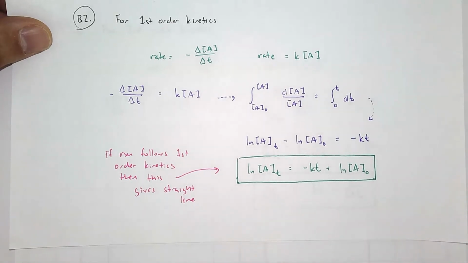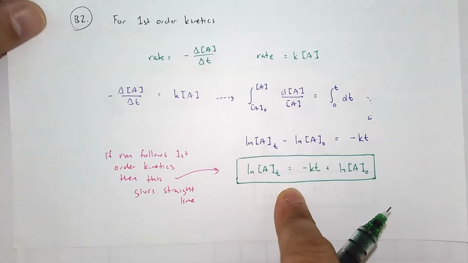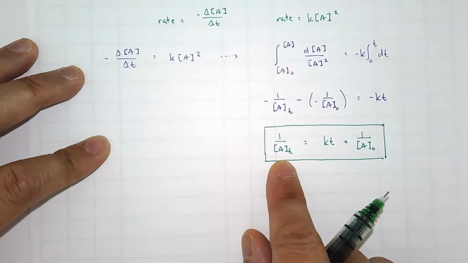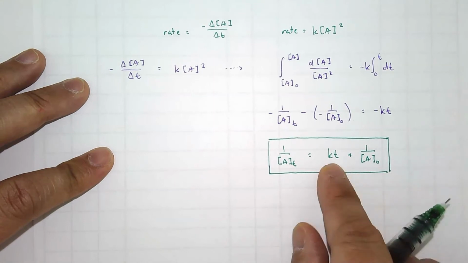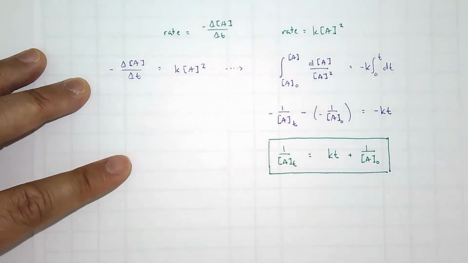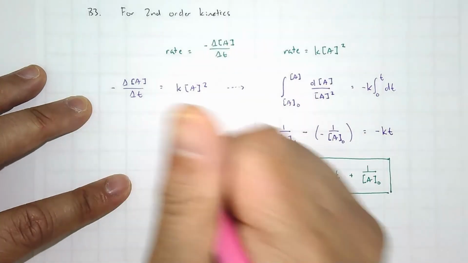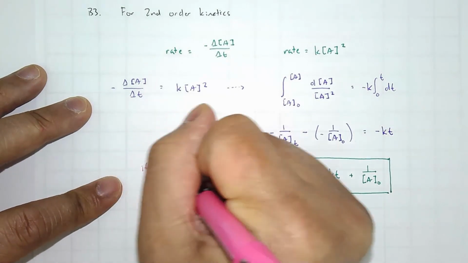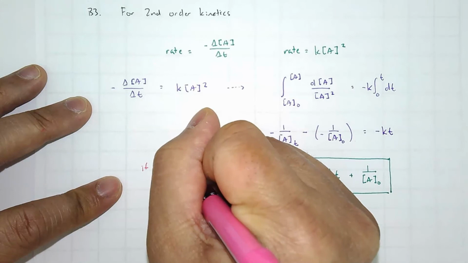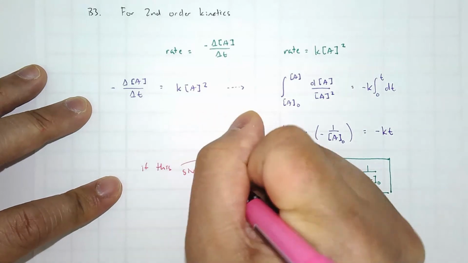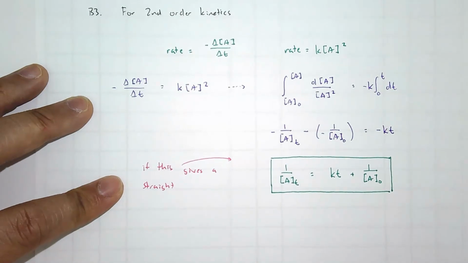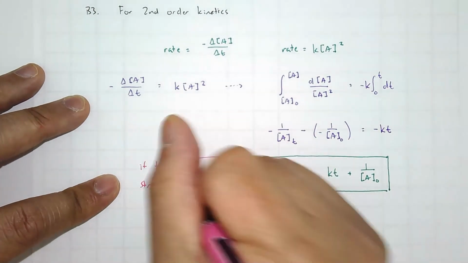But if even that is not a straight line, then you want to graph 1 over the concentration of A versus time, and then hopefully that is a straight line. So again, if this equation gives a straight line, then your reaction is following second order kinetics.